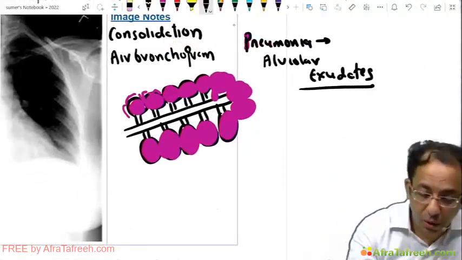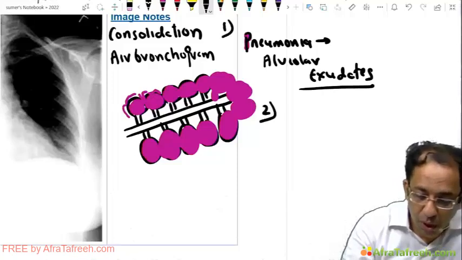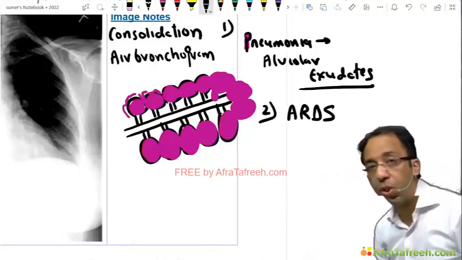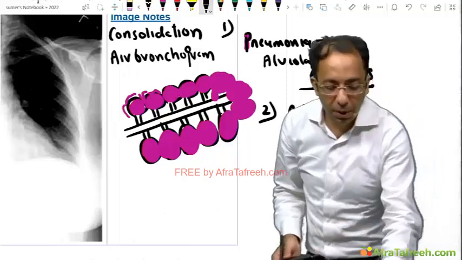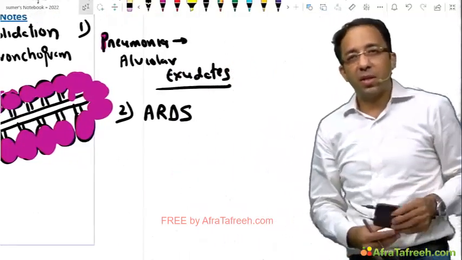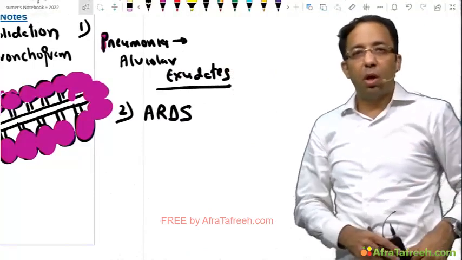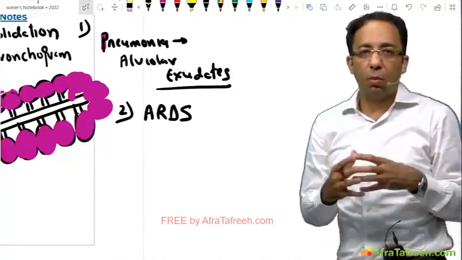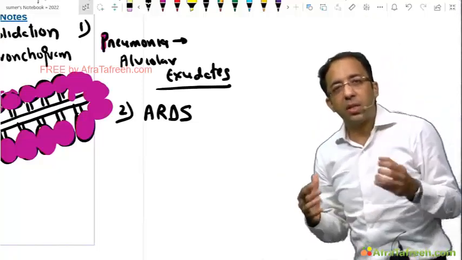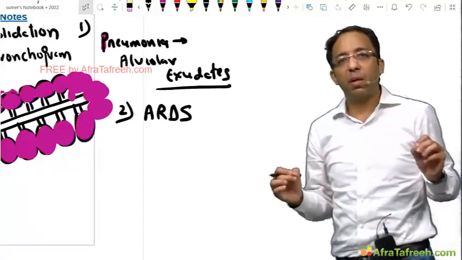Okay. Now second question. Let's see if you can answer. Will you see air bronchogram in a patient with ARDS? Anybody? ARDS mein kya hoga? Now what is ARDS? I am sure many of you heard about ARDS during the COVID pandemic phase. So ARDS is a systemic inflammatory response.